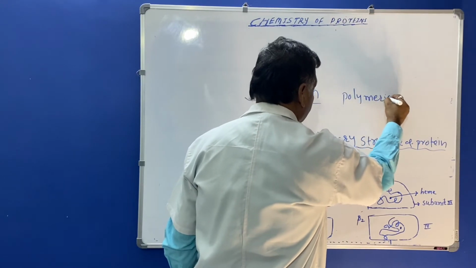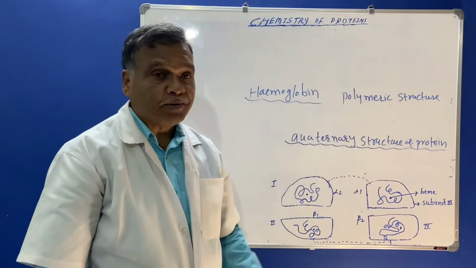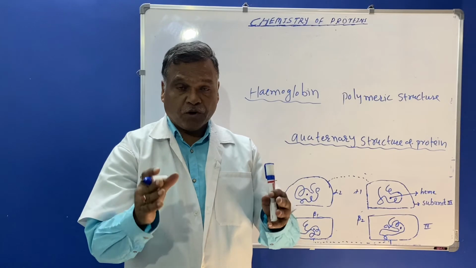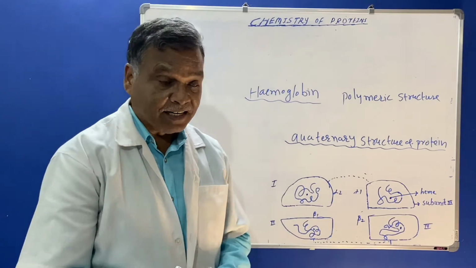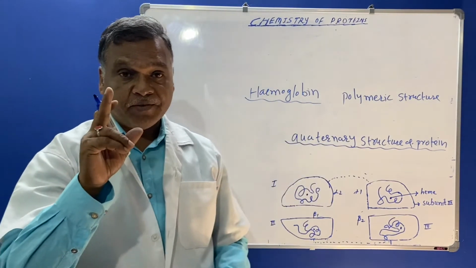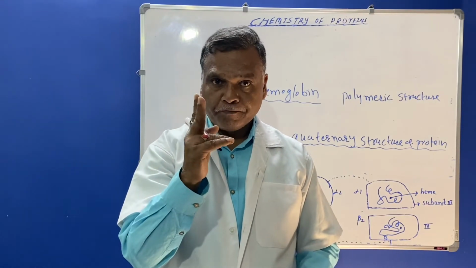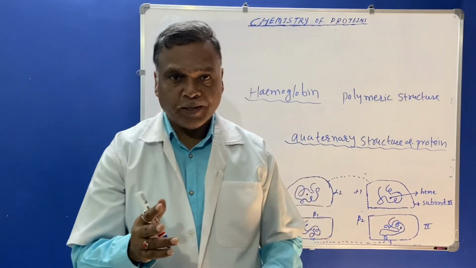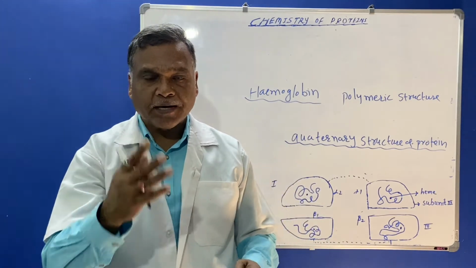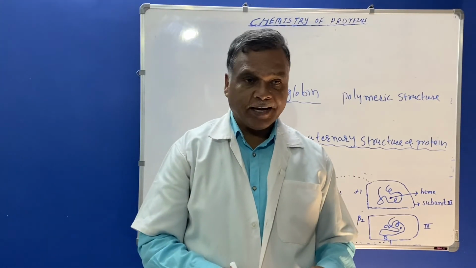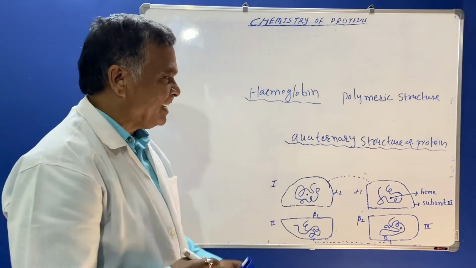Polymeric structure means the quaternary structure of protein will have more than 3 polypeptides. If it has one polypeptide, it is said to be monomeric. If it has 2 polypeptides, it is said to be dimeric. If it has 3 polypeptides, it is known as trimeric. And polymeric means it will have 4 polypeptides in its structure.